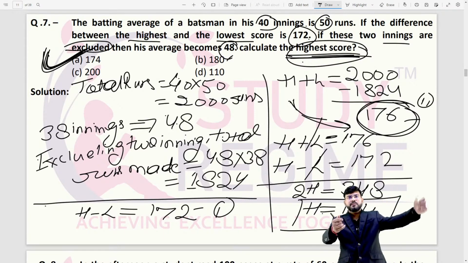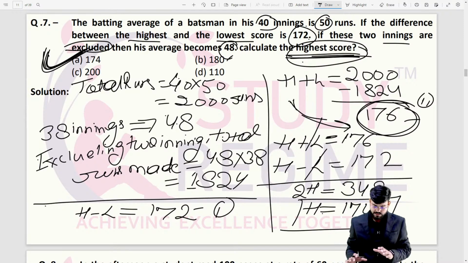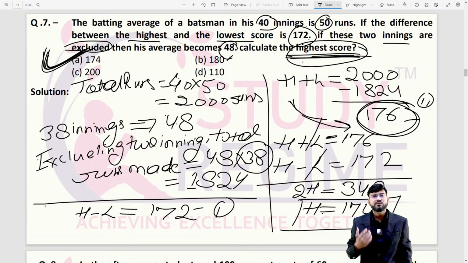Clear what I have done? Earlier in the question it is given that the average of the 40 innings is 50 runs. So I have calculated the total runs as 2000 runs. This is the total runs made by the batsman. Now, after excluding 2 innings, that means the innings in which he made the highest and the lowest runs, the total number of innings becomes 38. Now the average is also decreased by 2, so I have multiplied it with 48.